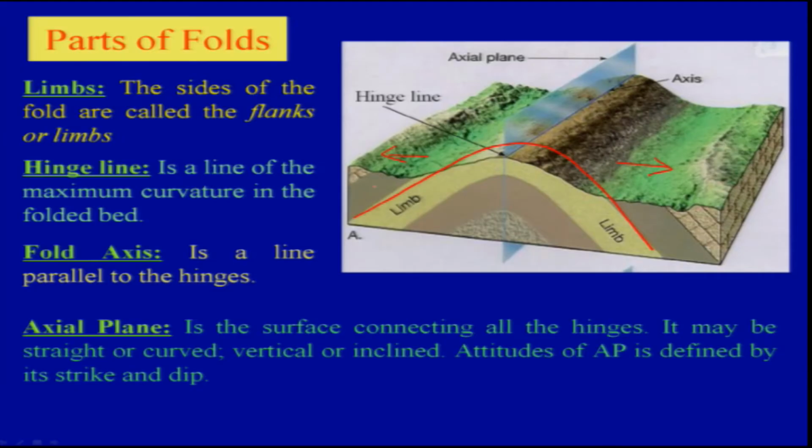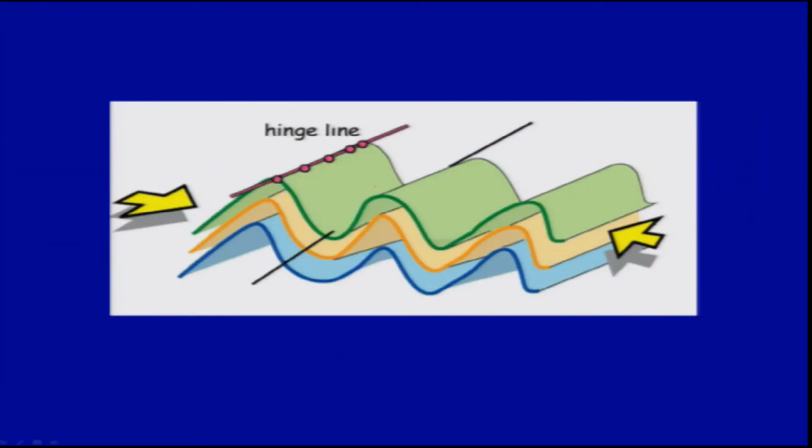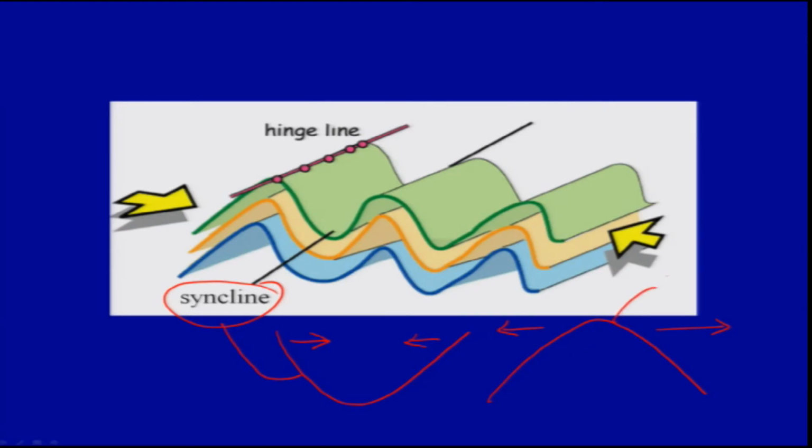And those which are dipping towards each other, something like this, with this one dipping in this direction and this one dipping in this direction, whereas in the anticline they are dipping opposite to one another, this will be your syncline, and this will be your anticline.